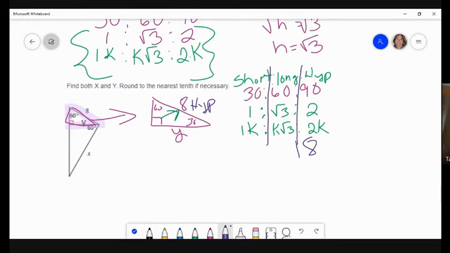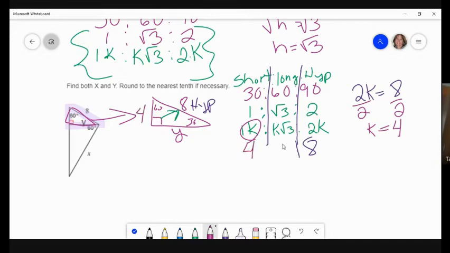Therefore, now we can solve for k. We have 2k equals 8. Divide by 2. So we find that k equals 4. Well, that's this k. So k equals 4. So my shortest side of my triangle is 4.